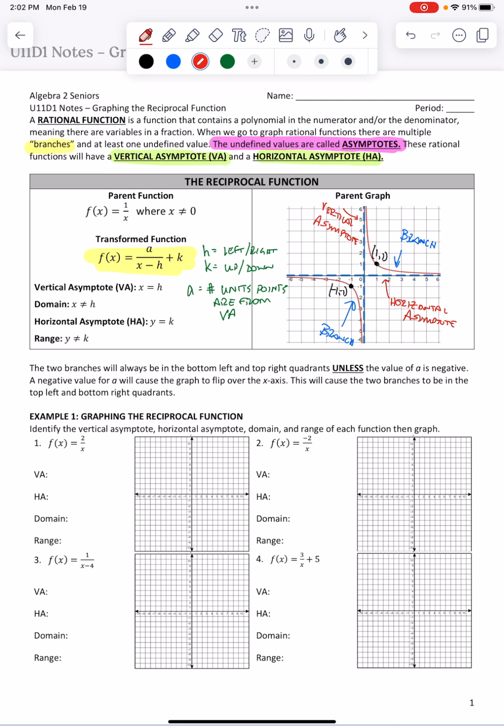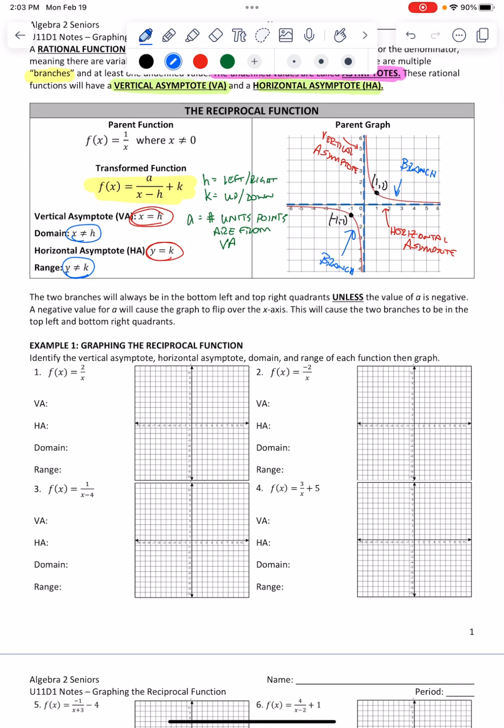Pretty simple, right? So the vertical asymptote is x equals h. Horizontal asymptote is y equals k. So whatever h and k are, there's our 2 asymptotes, all right? And then our domain is going to be everything except our h value. So we can use everything except that value of that vertical asymptote, and our range is everything except the y value of the horizontal asymptote. Okay, so again, just looking at it, pretty easy to work with.